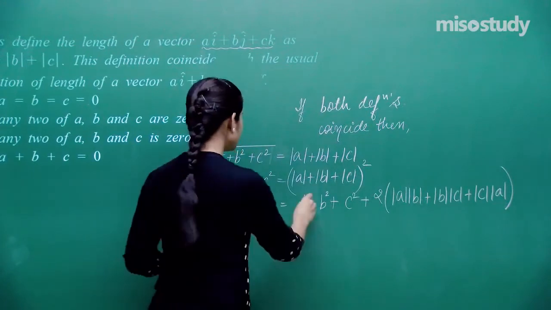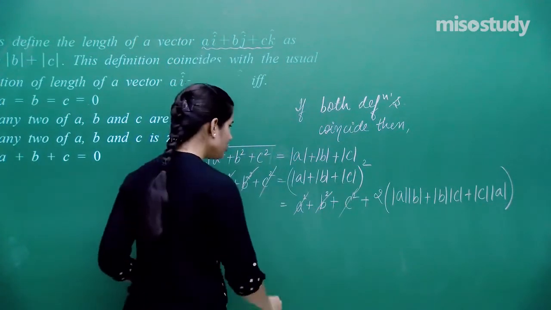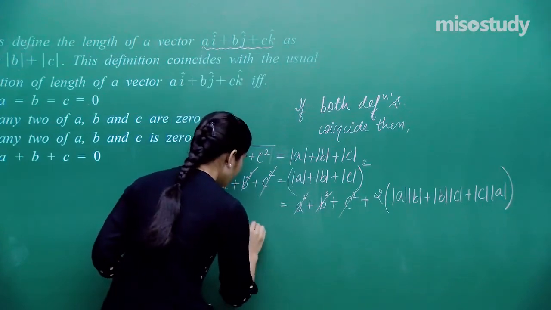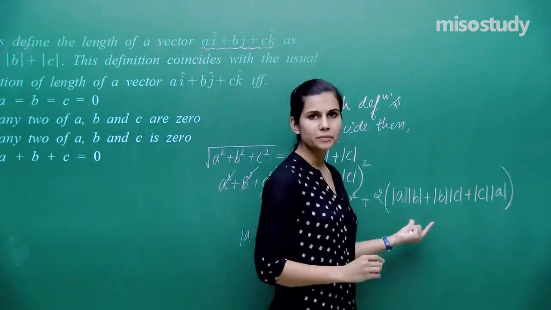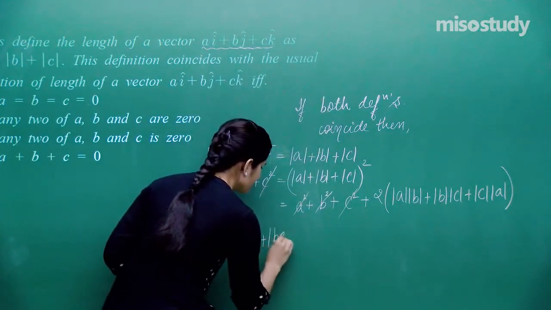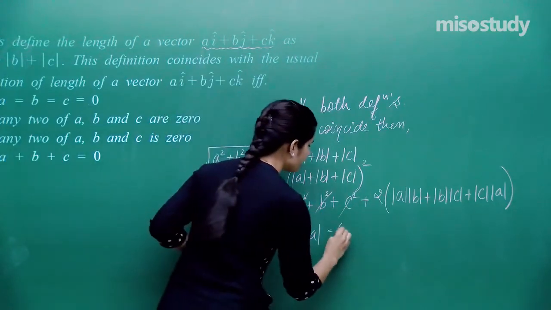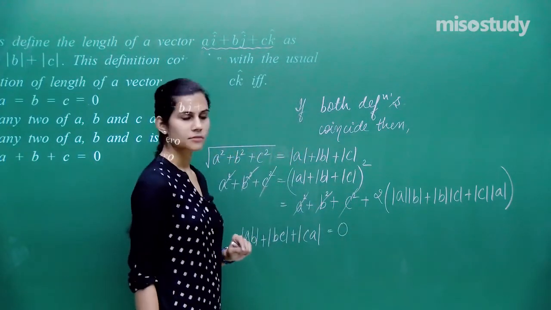You can very clearly see this is getting cancelled. You have mod a mod b. Now what is mod a into mod b? It is mod of a into b plus mod of b into c plus mod of c into a. Whole into 2 is 0. That means this is 0.